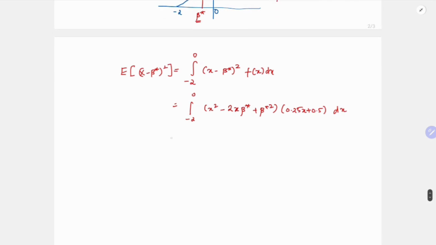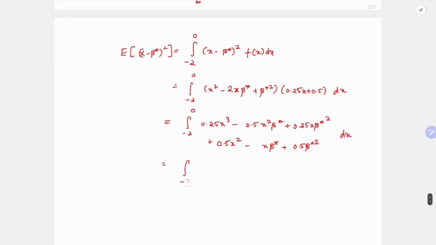into dx. So this is nothing but minus 2 to 0, 0.25 x cube minus 2 into 0.25 is 0.5 x square beta star plus 0.25 x beta star square, plus 0.5 x square minus 2x beta star into 0.5 will be just this, plus 0.5 beta star square into dx.